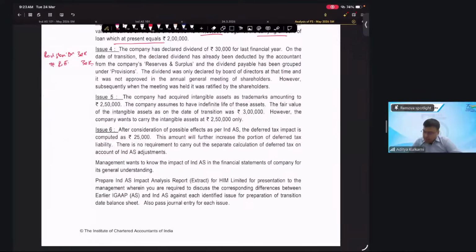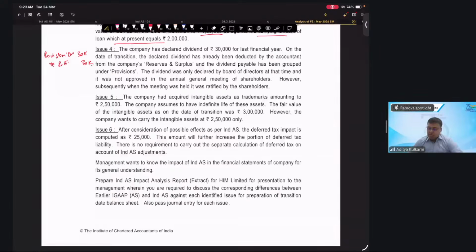The company had acquired intangible assets as trademarks amounting to 2 lakh 50. The company assumes that these have an indefinite useful life. The fair value of the intangible assets on the date of transition was rupees 3 lakhs.